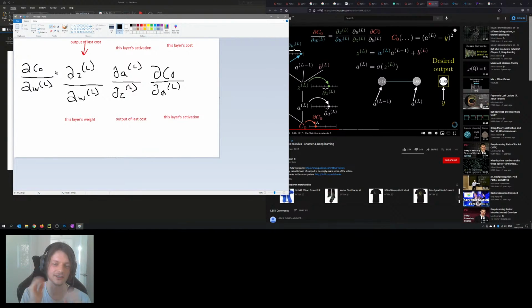That's got to be tied into the new costs. So the change in that new cost over the change in this layer's weight, and this layer's cost in fact, is equal to the last cost output, all proportional to this whole thing, this whole layer.